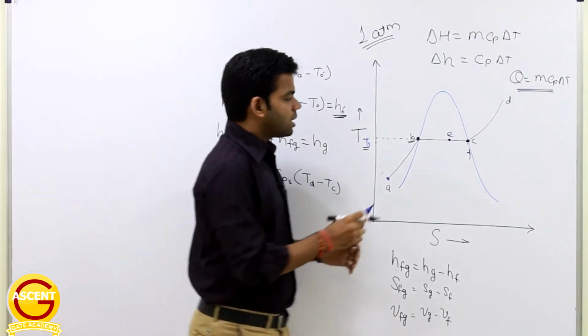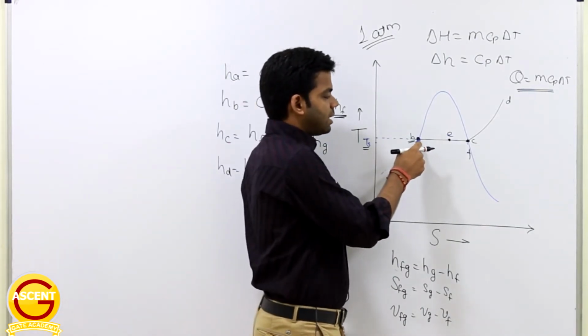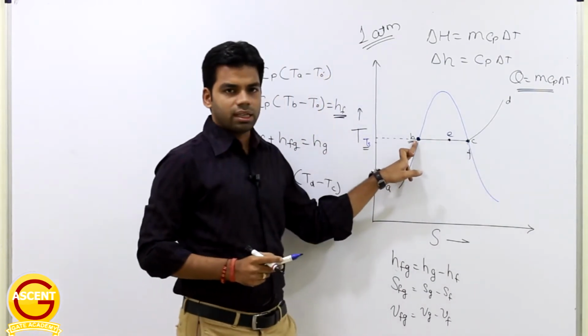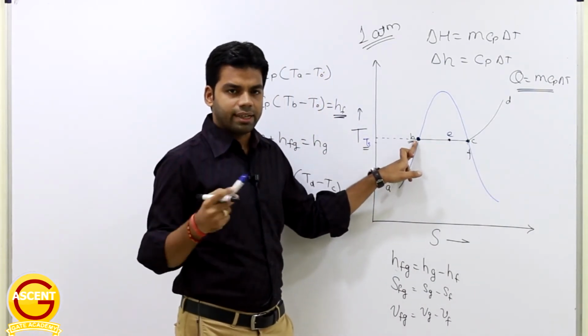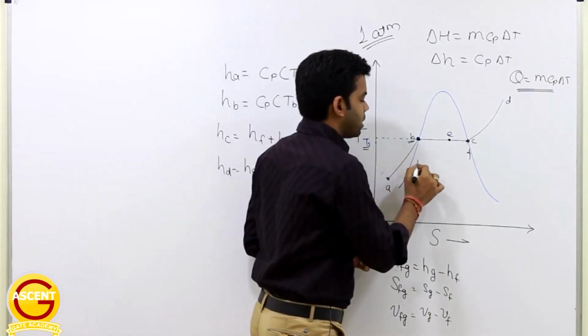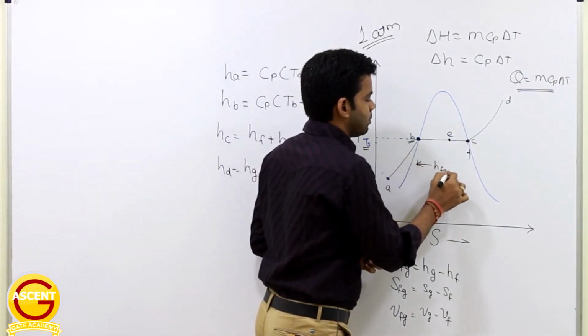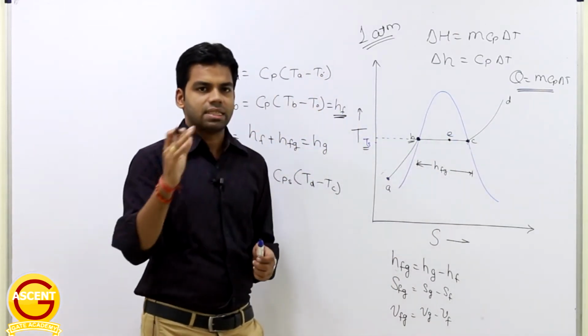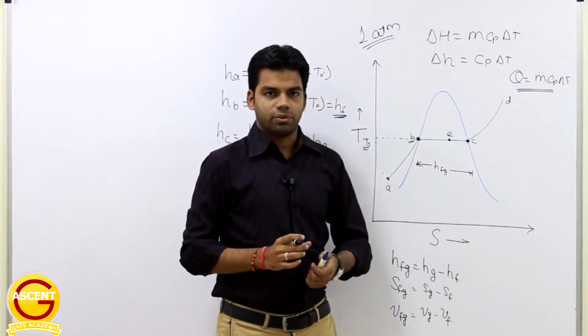So how much heat is required to convert 100 degree centigrade water to 100 degree centigrade steam? That is nothing but latent heat, which we represented as HFG. To convert 100% of water into 100% steam, total heat required is HFG.